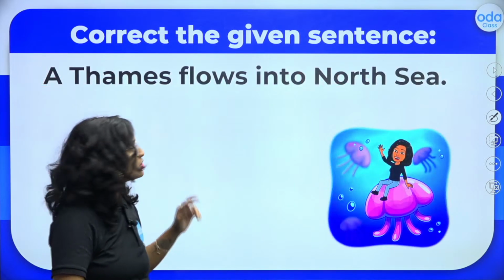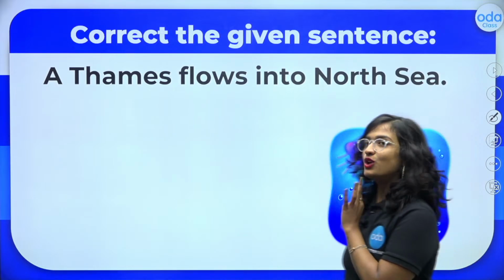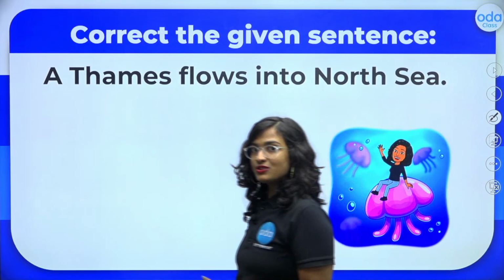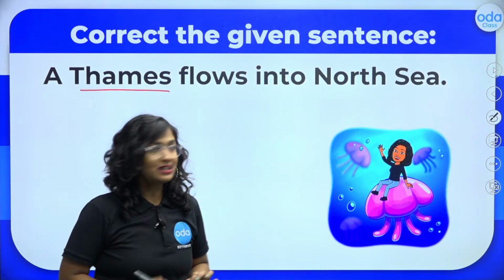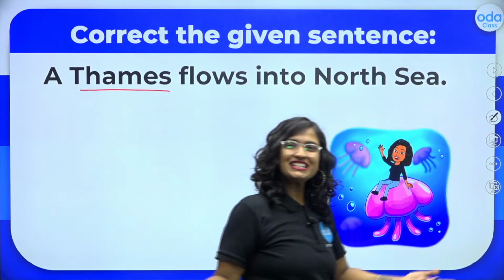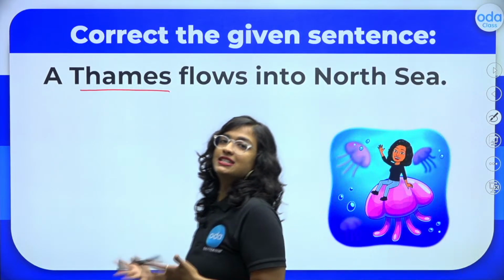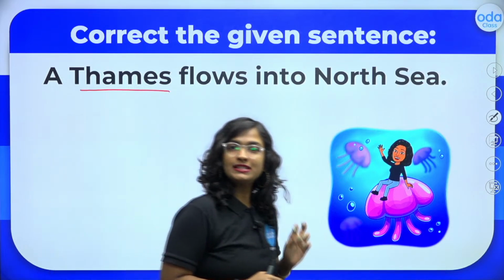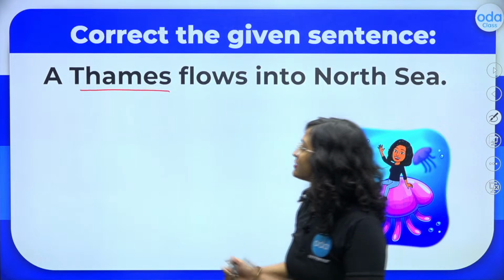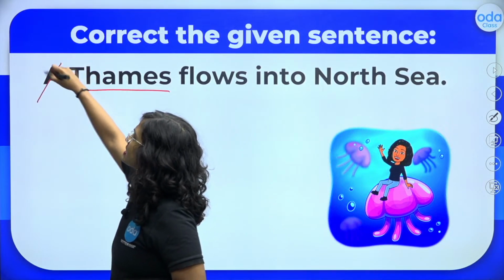Alright, let's take one more question here, students. "A Thames flows into North Sea." Now, in case you don't know, let me clarify, students. Thames is the name of a river and as you can see, North Sea is the name of a sea. So tell me, how should I correct this sentence? Now, students, first of all, remember that before names of rivers, we will not use our article a.